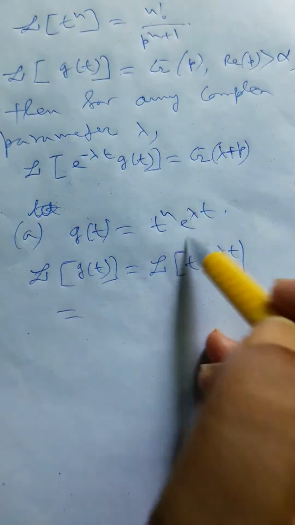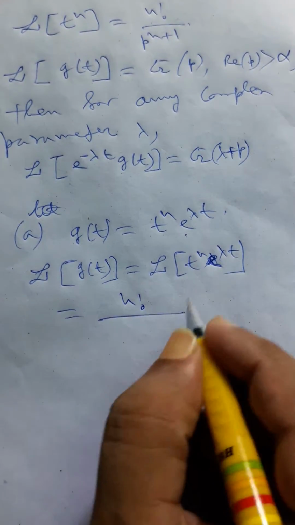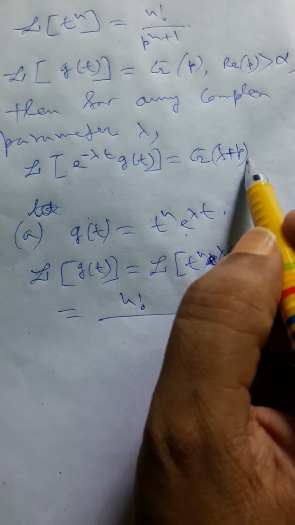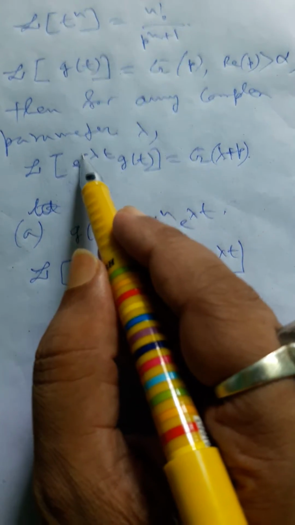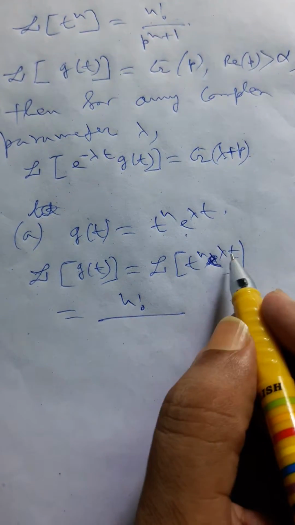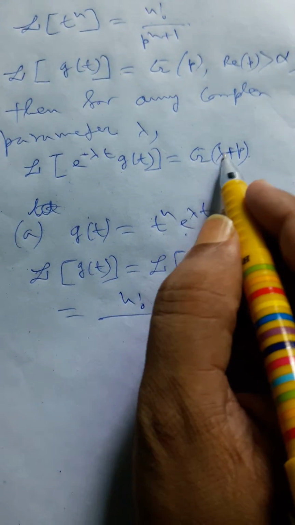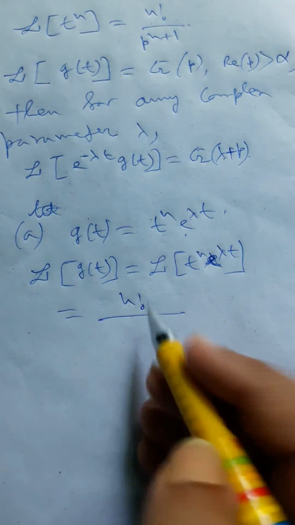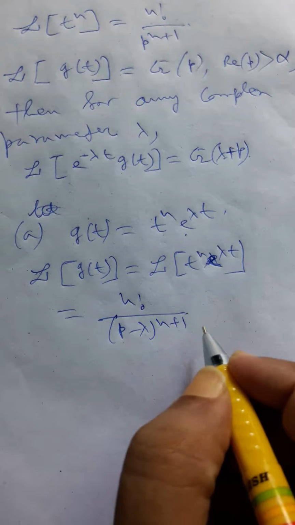So with the help of these two theorems, n factorial will be common, and the only change occurs in G of lambda plus p. Here it is minus lambda, so if we take lambda, it will be minus of minus lambda, that means lambda becomes negative, giving p minus lambda terms. So it will be n factorial by p minus lambda whole to the power n plus 1.